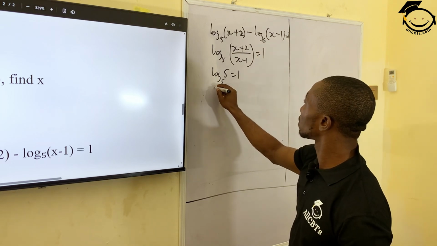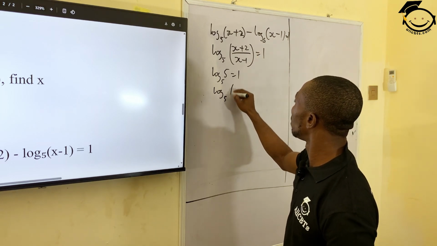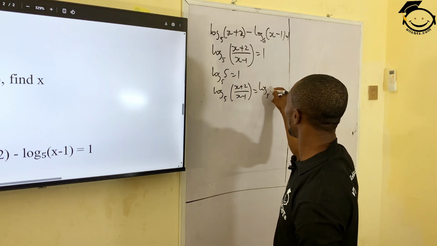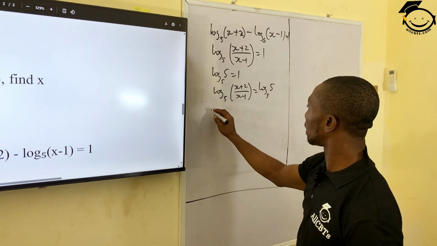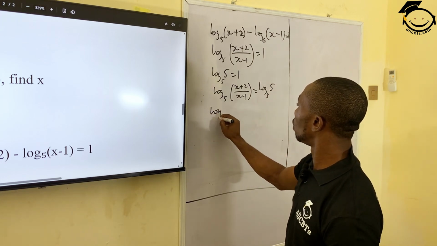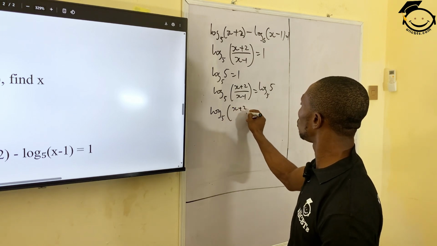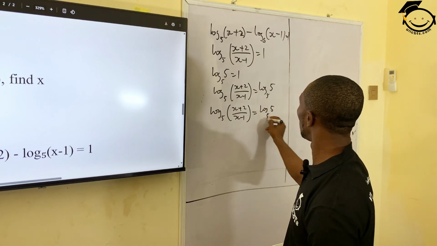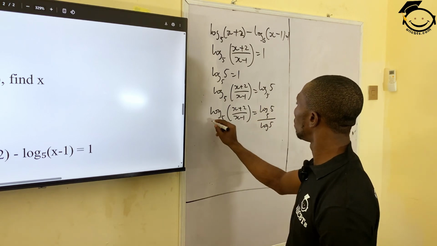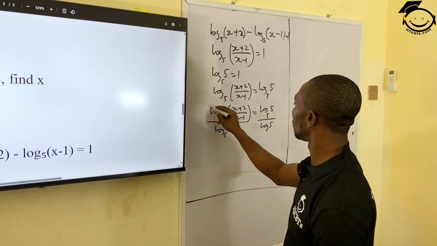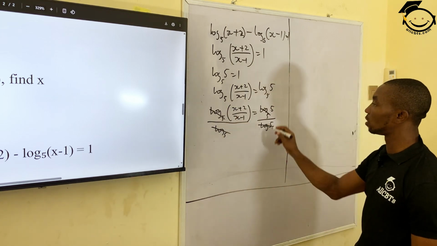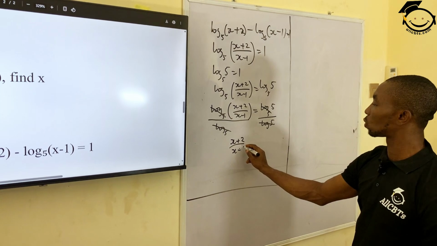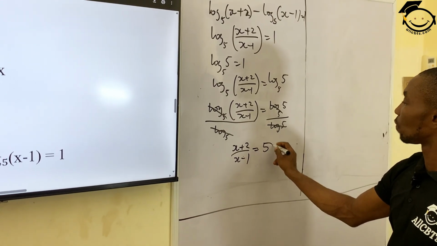So we have log_5 of (x plus 2) over (x minus 1) equals log_5 5. Dividing both sides by log 5, this cancels, leaving us with (x plus 2) over (x minus 1) equals 5.